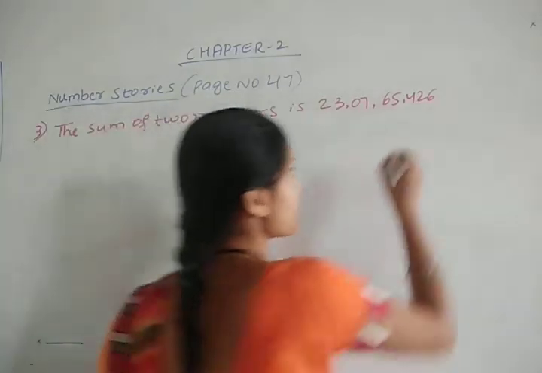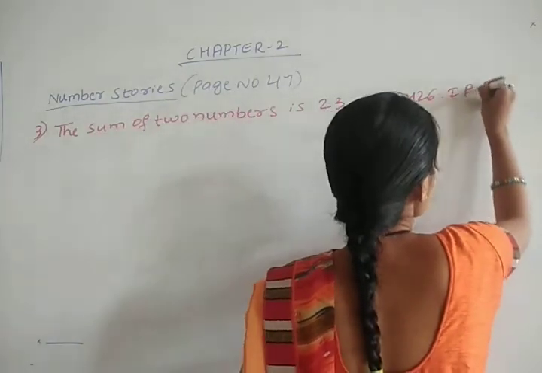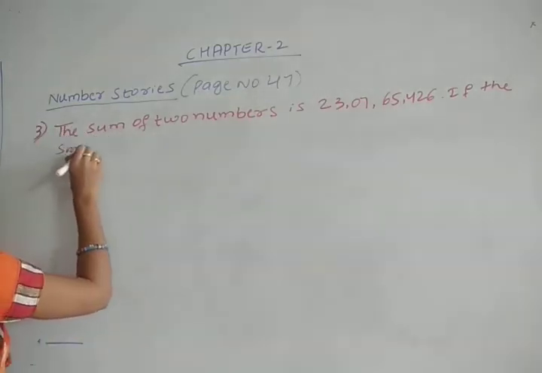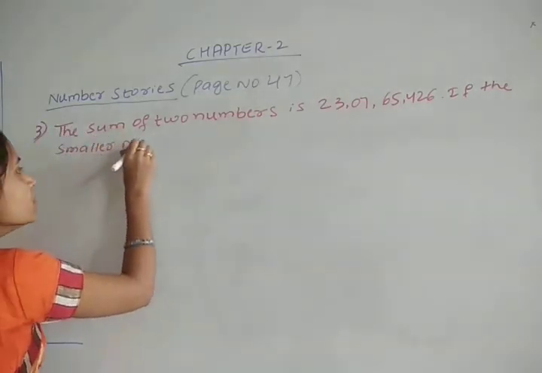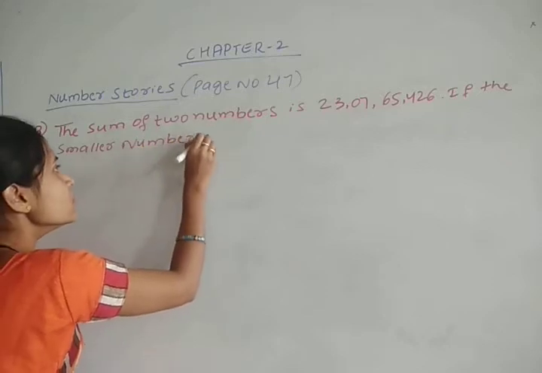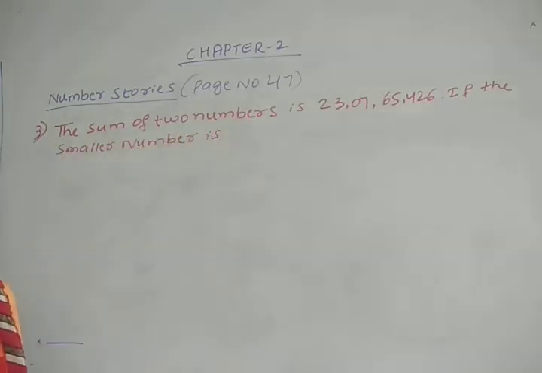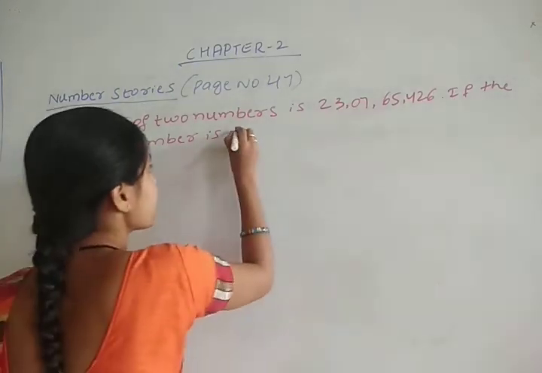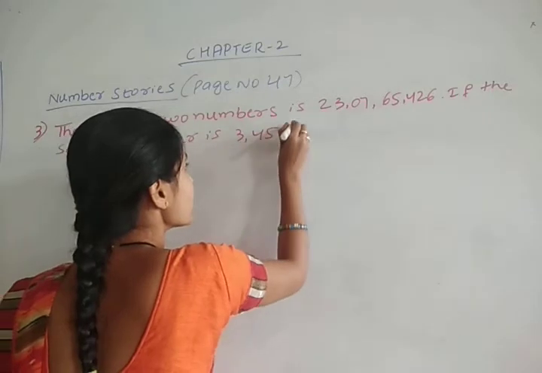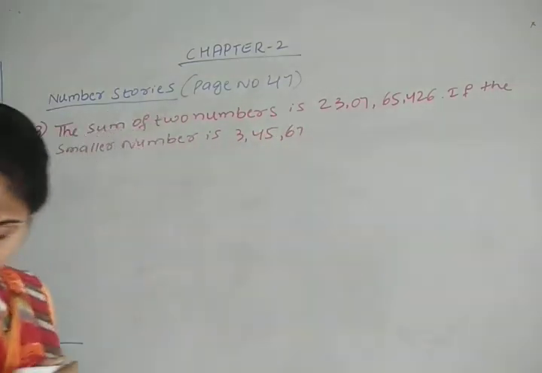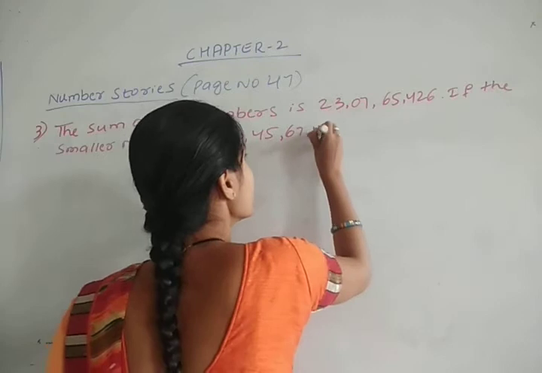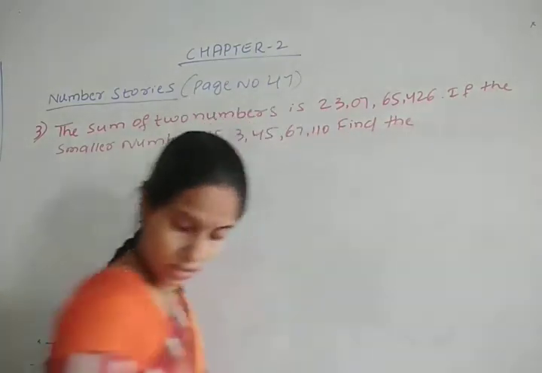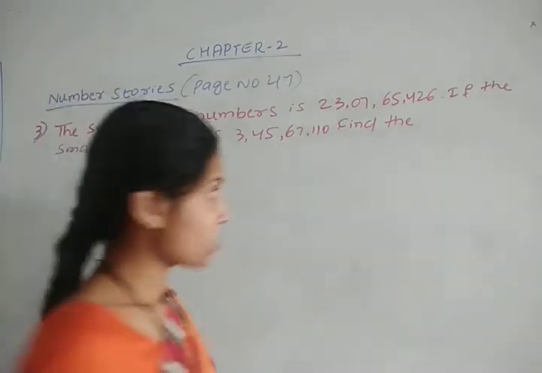If the smaller number is 3 crore 45 lakhs 67,110, find the larger number.